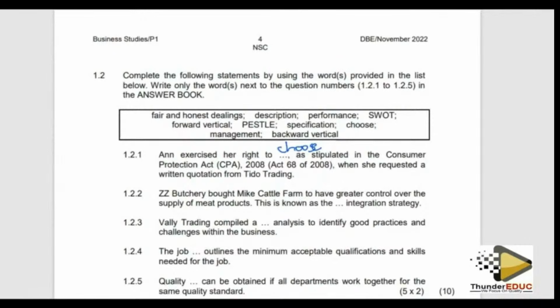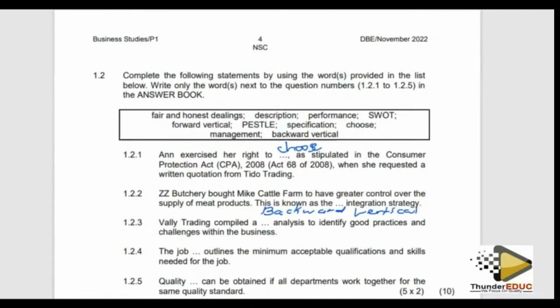We have backward vertical strategy, meaning here the appropriate answer for 1.2.2 is going to be backward vertical strategy.